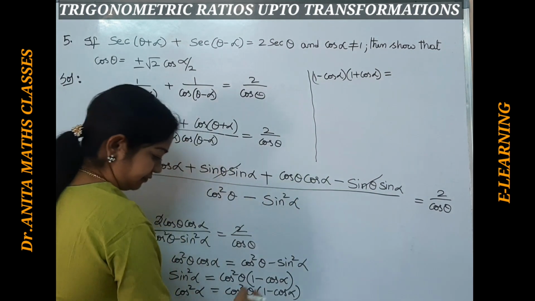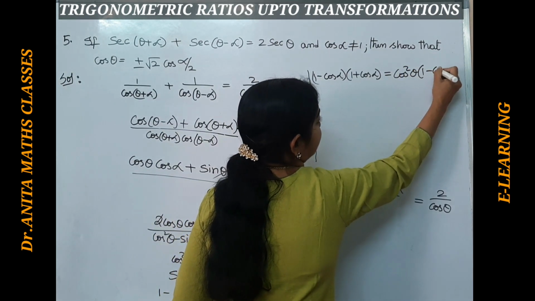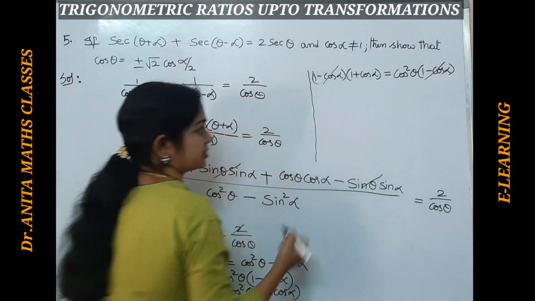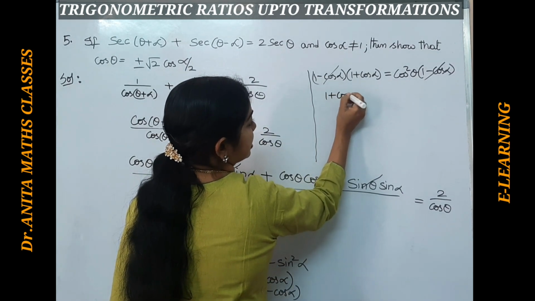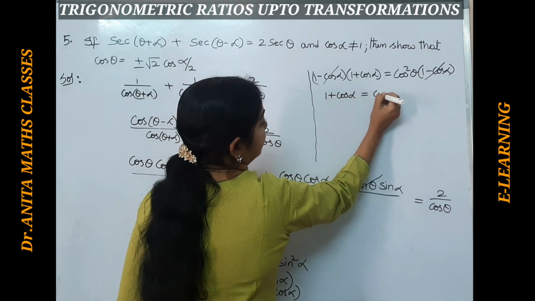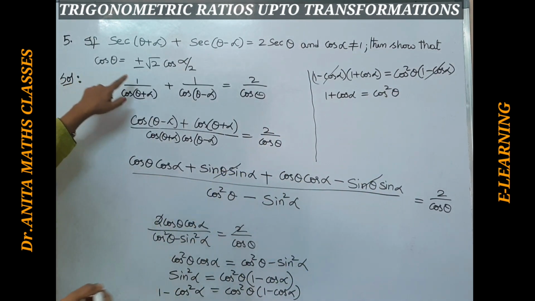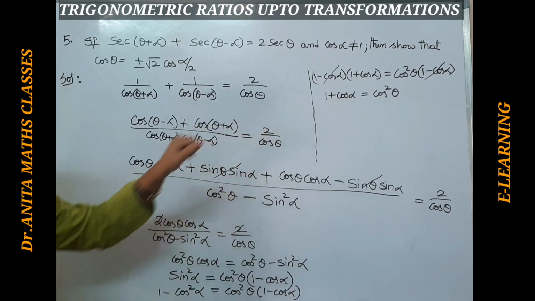To the other side we have cos square theta into 1 minus cos alpha. So both sides 1 minus cos alpha, you can cancel it off. This becomes 1 plus cos alpha and cos square theta here.